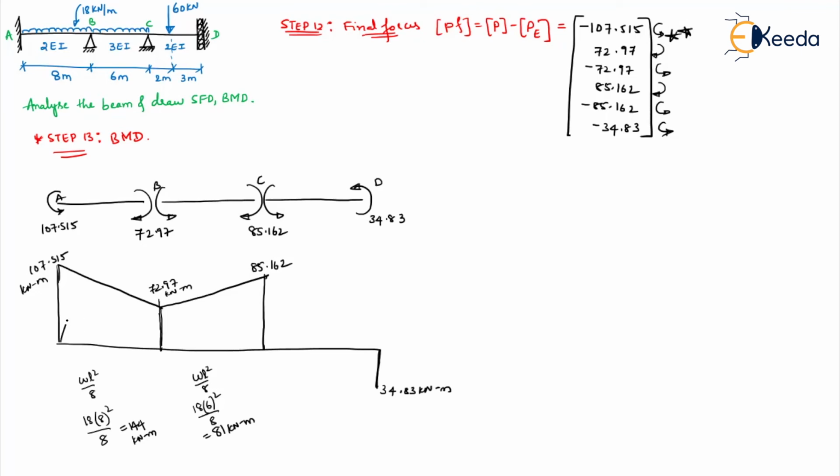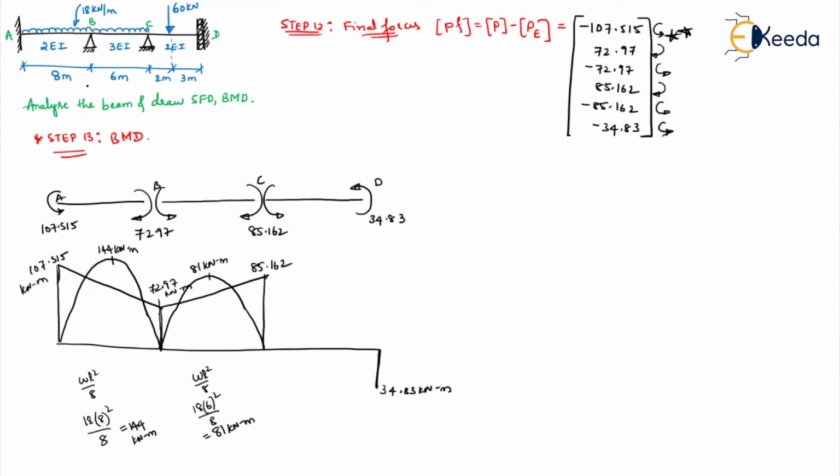You have to remember that whenever there is a vertical shear coming like this, at that portion you cannot do the bending moment diagram using the superposition method. You have to do it by basic principle. To do it with the help of basic principle, we need the reaction. Once we do the shear force, I'll tell you how to do that. So this is 144 kilonewton meter, and this is 81 kilonewton meter.